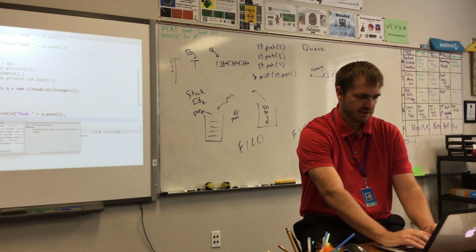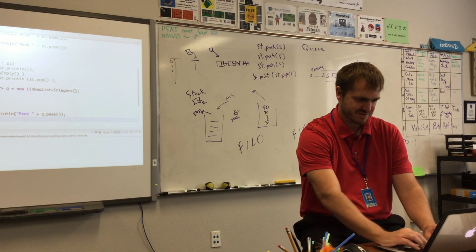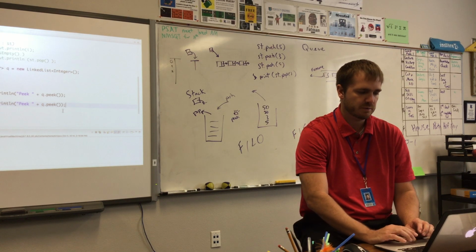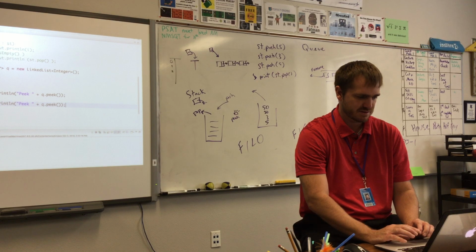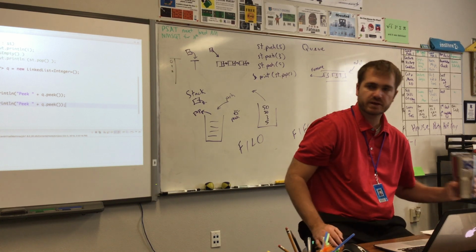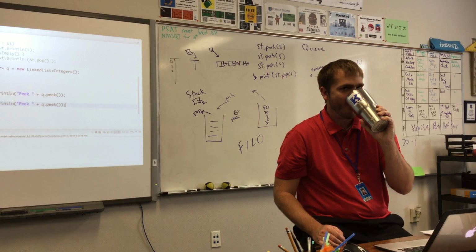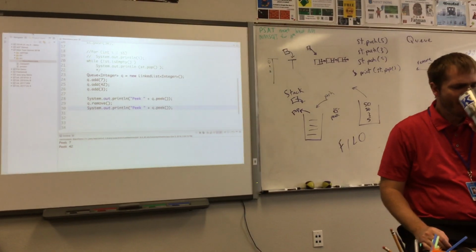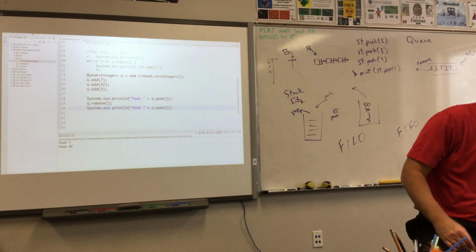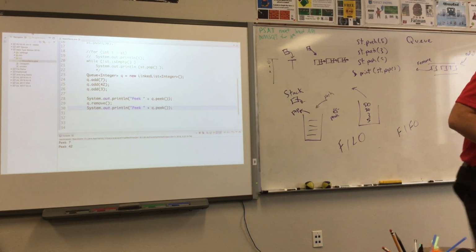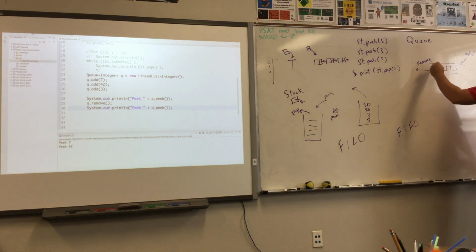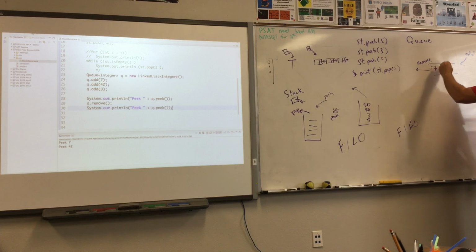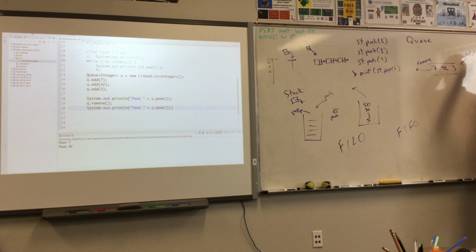And then I can say Q dot remove. And then I'll peek again, and we're looking at 42. So peek one time, got 7, then 42, then 3.